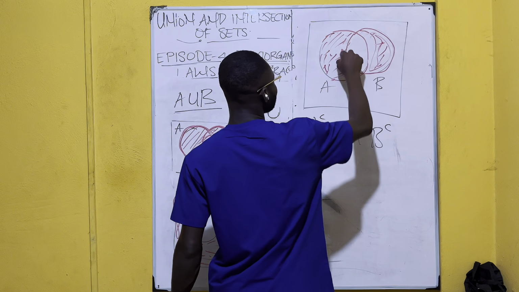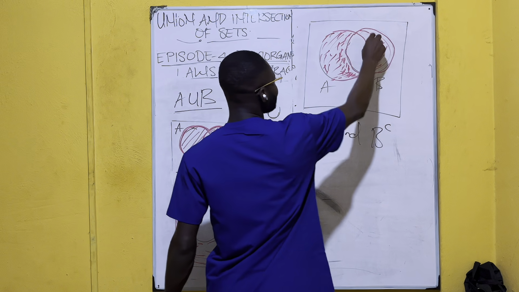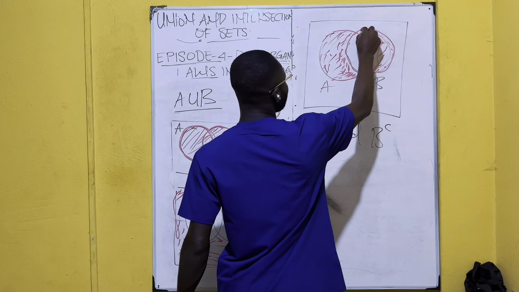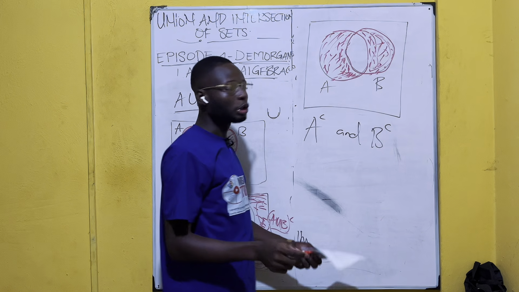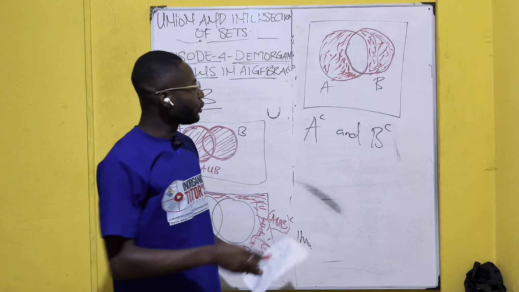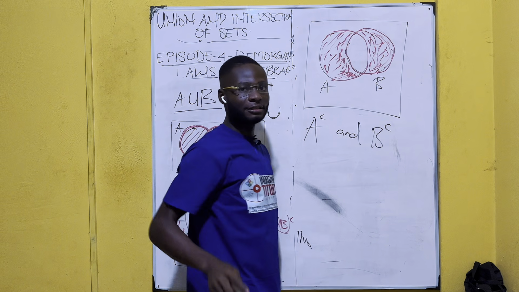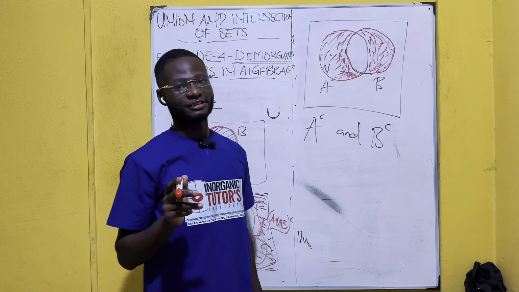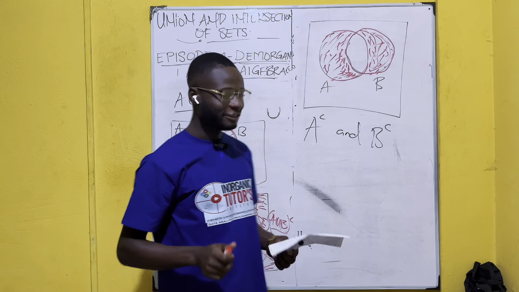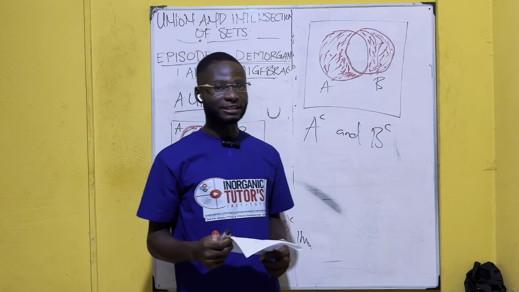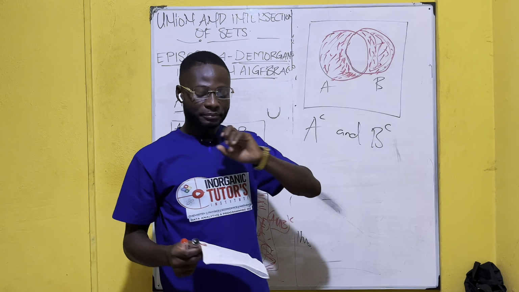So A complement, B complement is this. It does not include the intersection. Don't shade the intersection, okay? That is not A complement and B complement. So that is what we have right here.